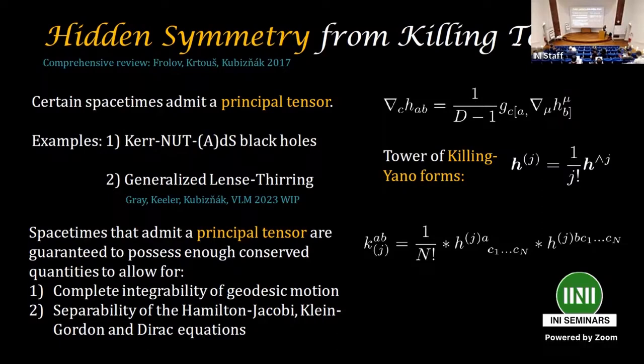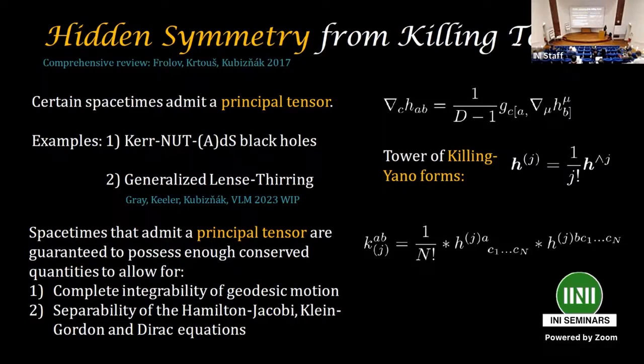And there's a theorem that if you have a principal tensor like this, there are enough conserved quantities that you're going to have all these very nice properties: complete integrability of geodesic motion, and separability of the Hamilton-Jacobi, Klein-Gordon, and Dirac equations. Everything I know about this topic is from this very extensive review by these people, which I do recommend. It's very notation heavy, though. I'm allowed to say that because I'm working with David now.